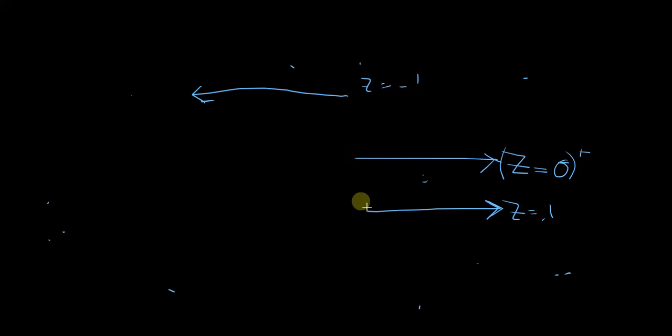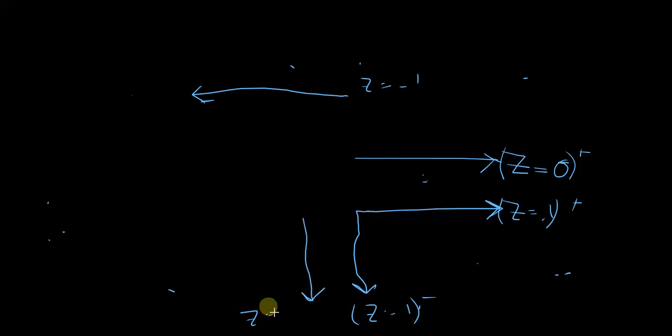Okay. Now, this is the positive portion. I draw the negative portion of z equal 1 here. This is the negative portion. This is the zero zone I talked about. Then this is z equal 0 in the negative direction.